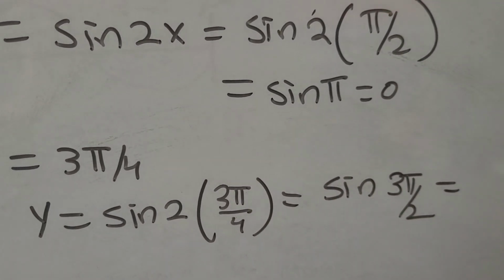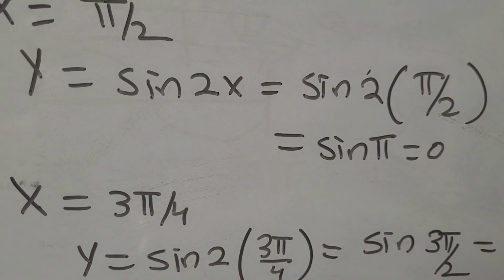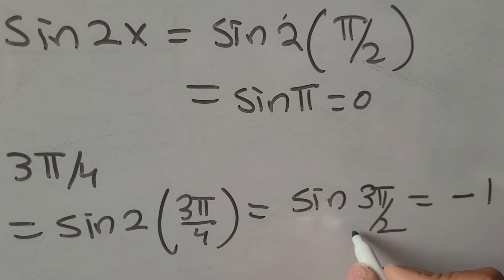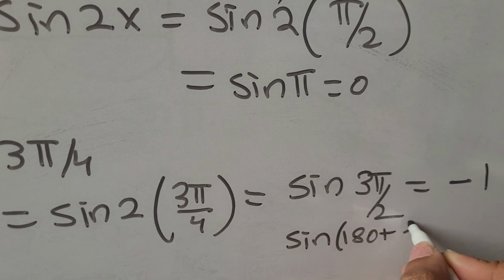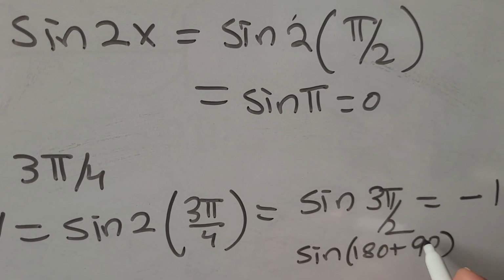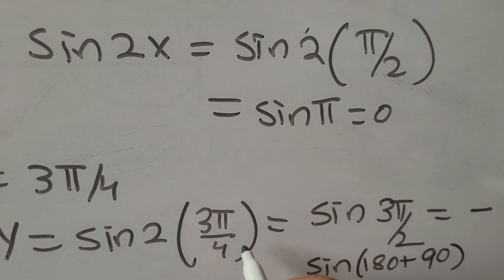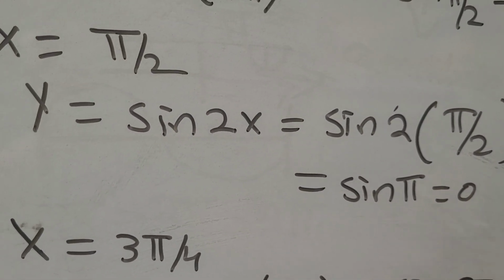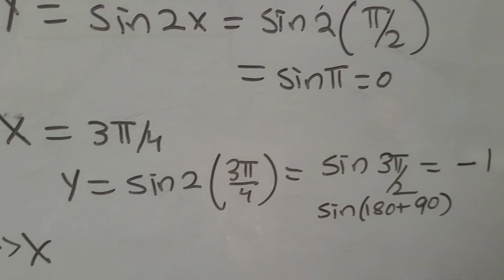For sine pi by 2 it is 1, and for sine of 3 pi by 2 it is minus 1, because sine 3 pi by 2 is nothing but sine of 180 plus 90. So it is in the third quadrant, and in that quadrant the sine value is negative, so it is minus 1.